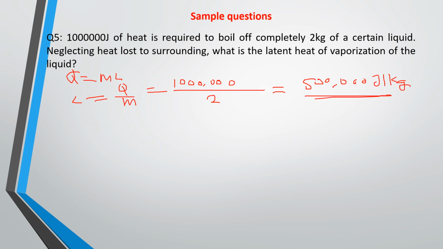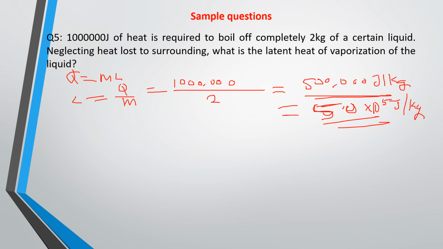You can also write it in the standard form to give you 5.0 times 10 raised to power 5 joule per kg, as the case may be. All right. So I think that one is also simple, and you can easily relate with that.